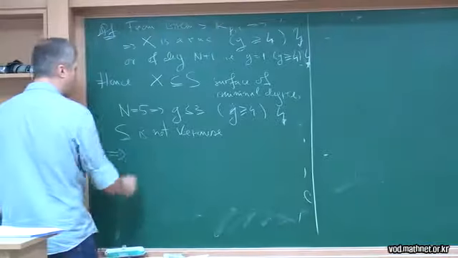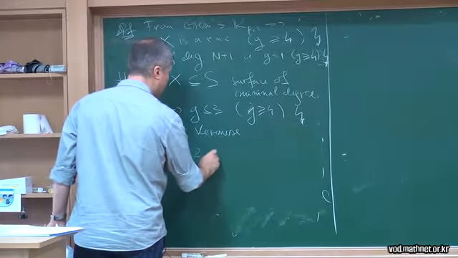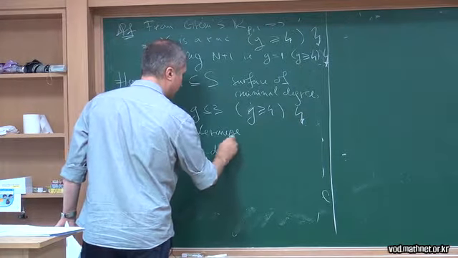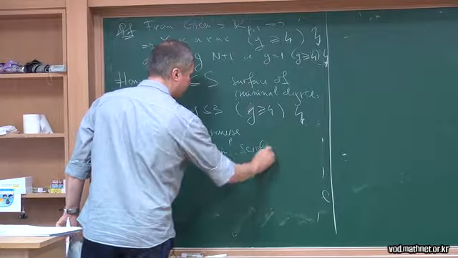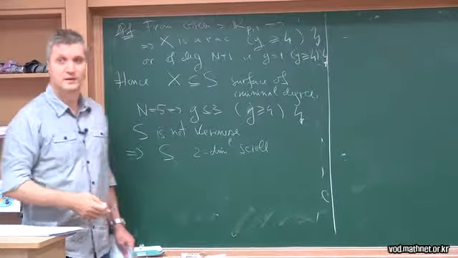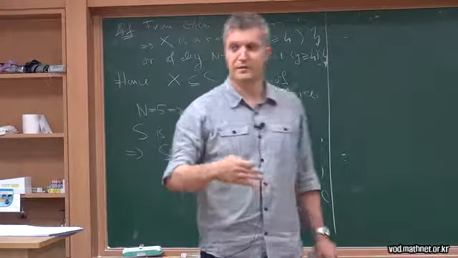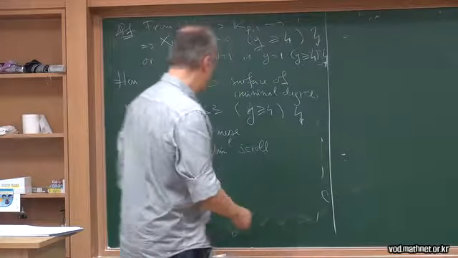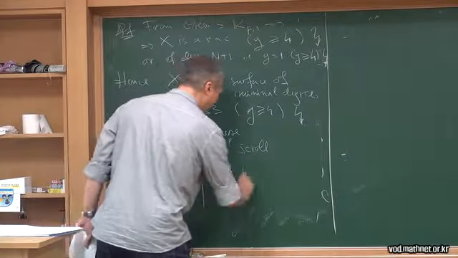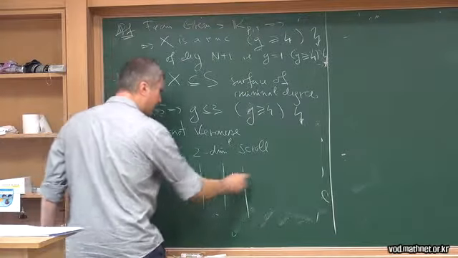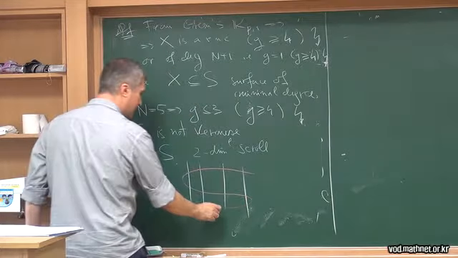So we are only left with S, a two-dimensional scroll. So it has a ruling. And having a ruling, so this is S, and our curve, C, is somewhere here.